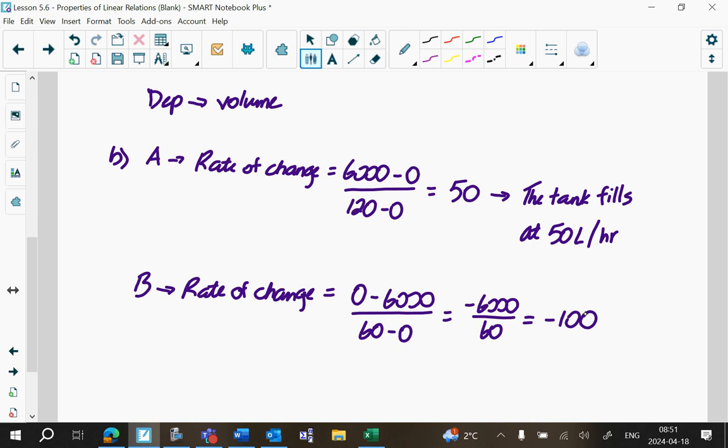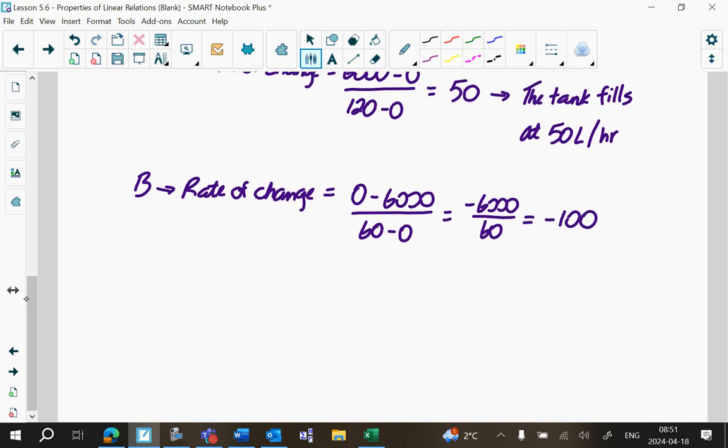How would you describe this one? You got to be careful with your wording here. The tank, what would you put after that? Sorry? Empties at, how would you write it?